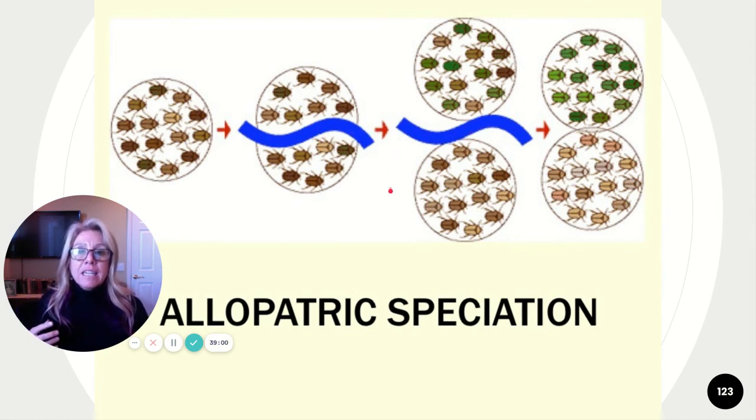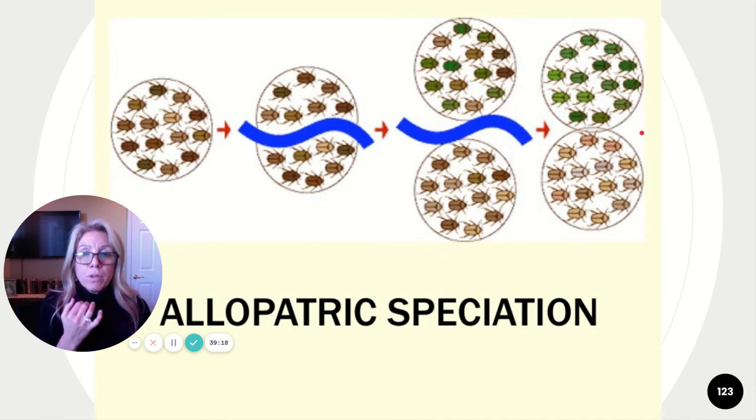Now, each population is going to start off with their own initial gene frequency, their own selection pressures for the environment they're in, and their own mutations. So this one here obviously had a mutation where they have this green color. And so even if the barrier is removed, if they do not interbreed any longer, then they have two different species.